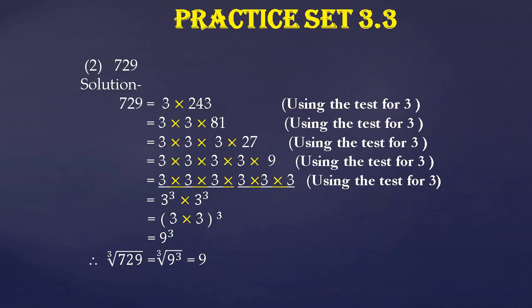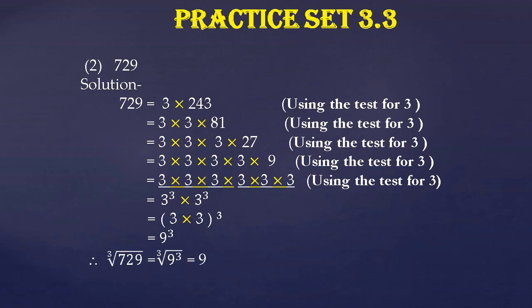Question 2. Find the cube root of 729. Solution. Here we are going to use the test of divisibility of 3. Therefore, 729 is equal to 3 into 243, which is equal to 3 into 3 into 81.